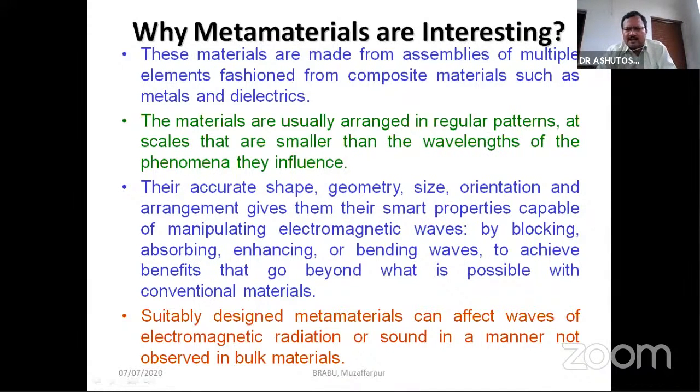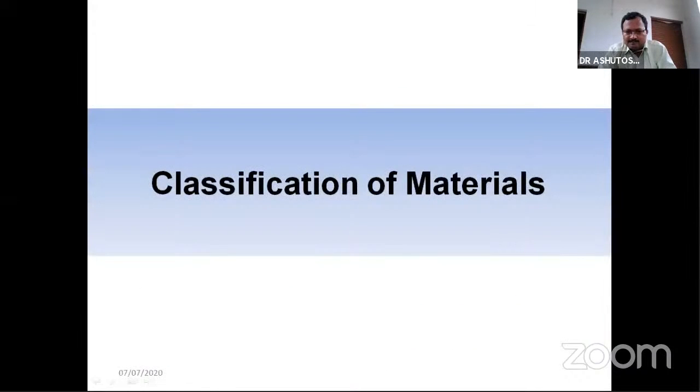Since I am from the microwave field, most of the things will be related to electromagnetic waves, but it can be scaled from microwave to terahertz and optical lenses also.